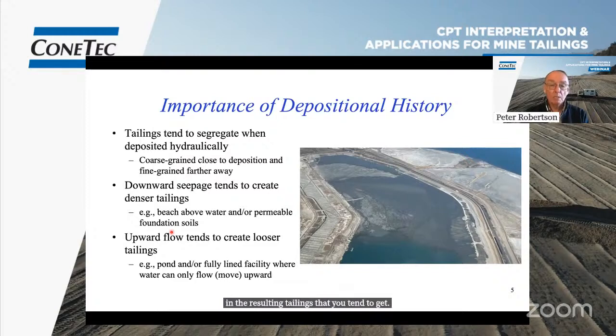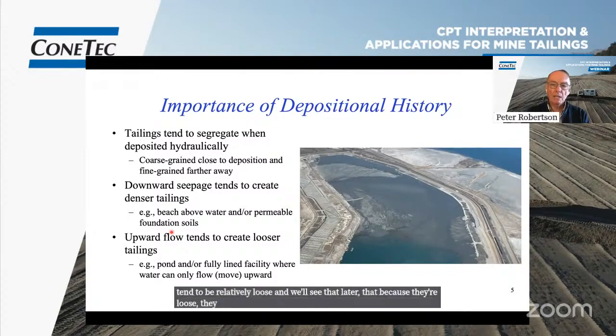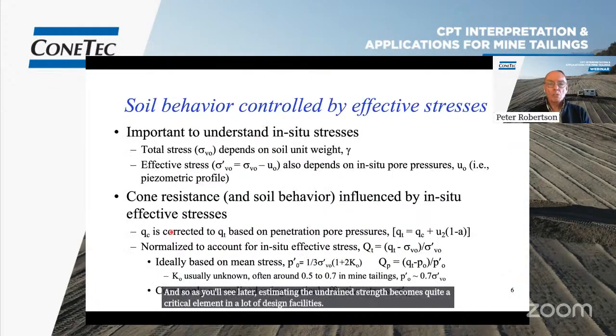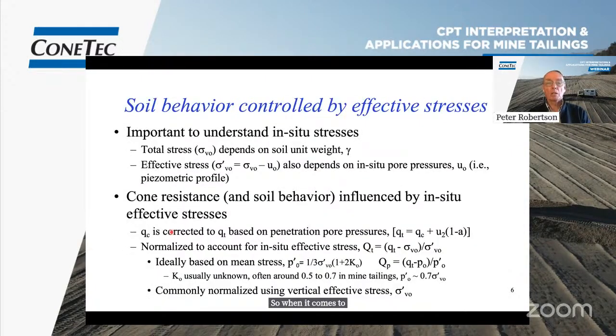In general, tailings deposited hydraulically tend to be relatively loose, and we'll see later that because they're loose, they tend to be contractive, and so they tend to have a lower undrained strength than a drained strength. And so as you'll see later, estimating the undrained strength becomes quite a critical element in a lot of design facilities.